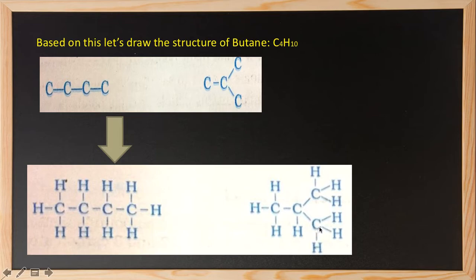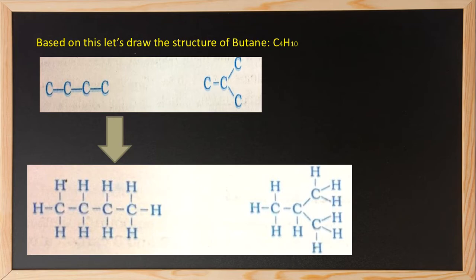These carbons are attached to just 1 carbon, so 3 places are free here. The same with this one. That is, it has 3 more options: 3 hydrogens can come and attach with this carbon and 3 more hydrogens can come and attach with this carbon to satisfy the valency of carbon.